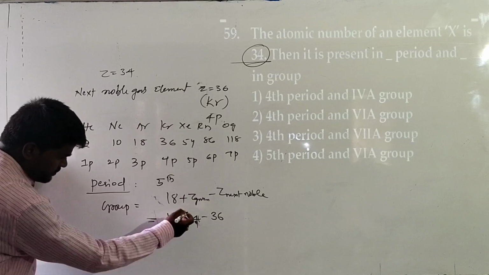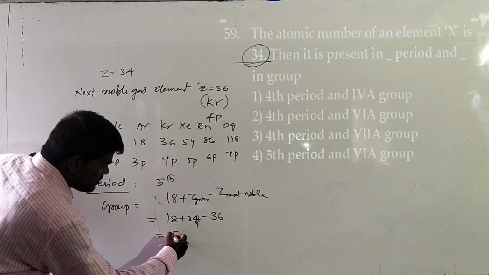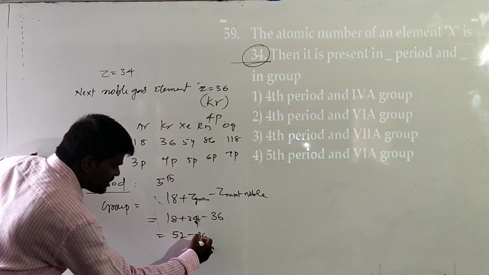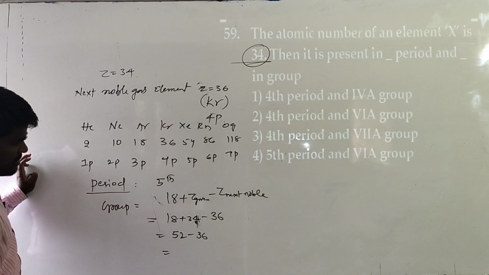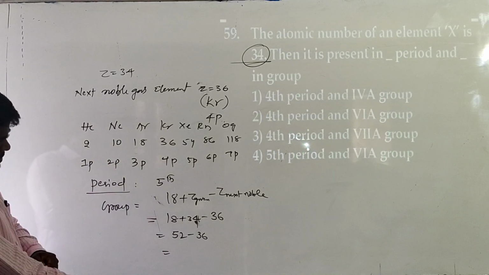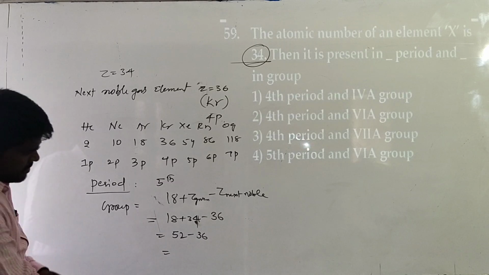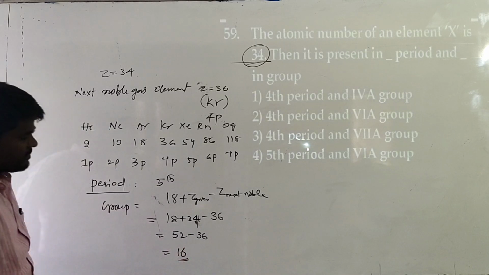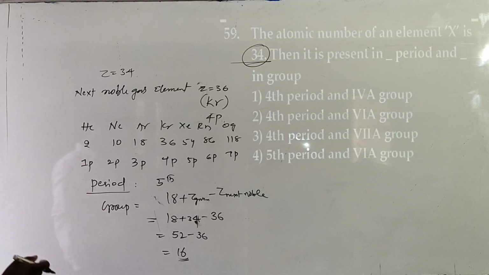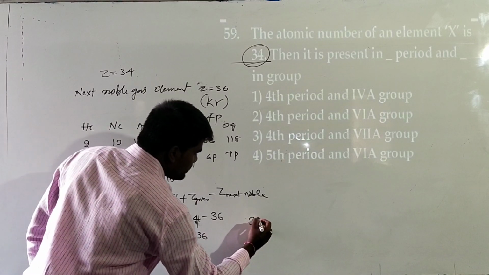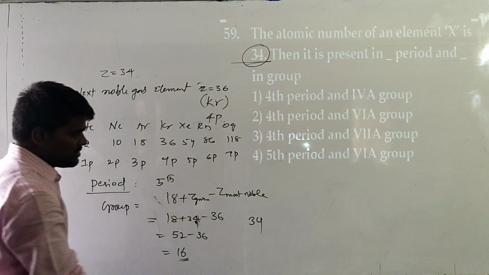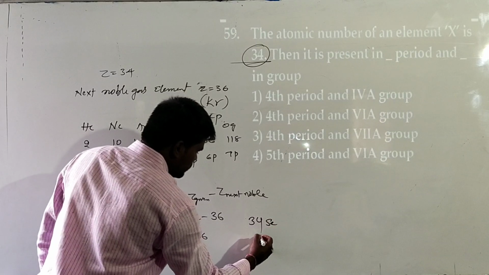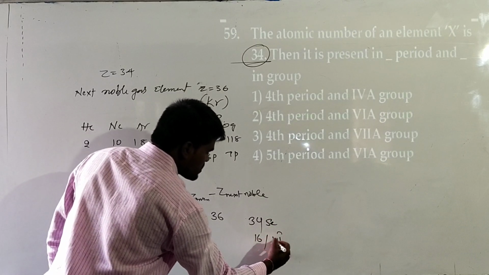So this comes to 18 plus 34 minus 36. How much does it come to? It comes to 16. It belongs to the 16th group. What is that element with atomic number 34? Selenium it is. Selenium belongs to the 16th group.